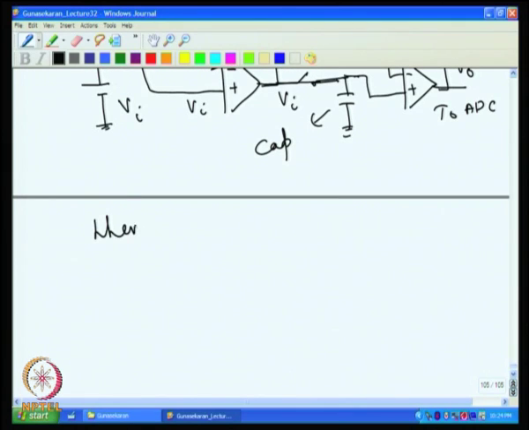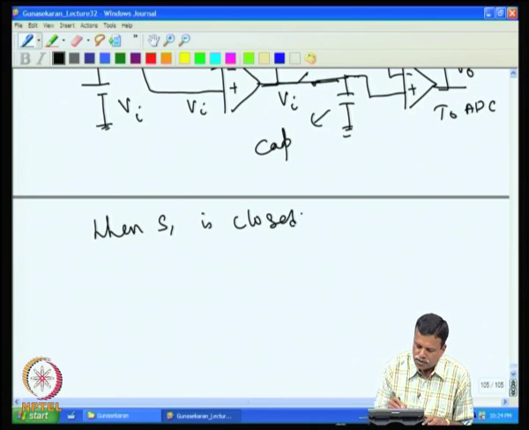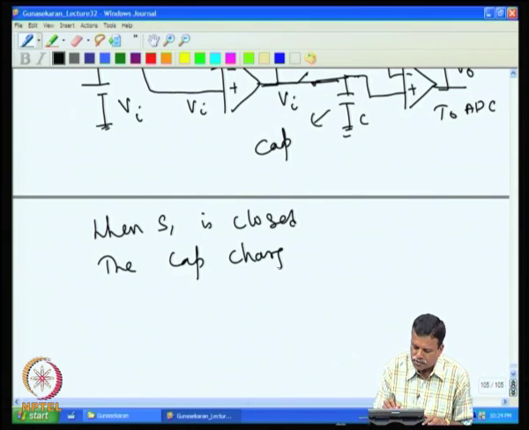Essentially that Vi comes as Vi at this point when switch S1 is closed. When S1 is closed, the capacitor C charges up to Vi.